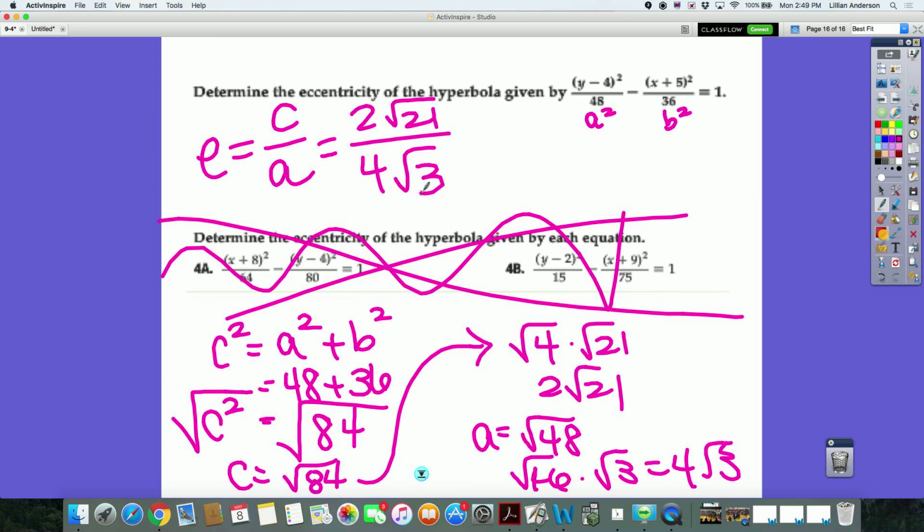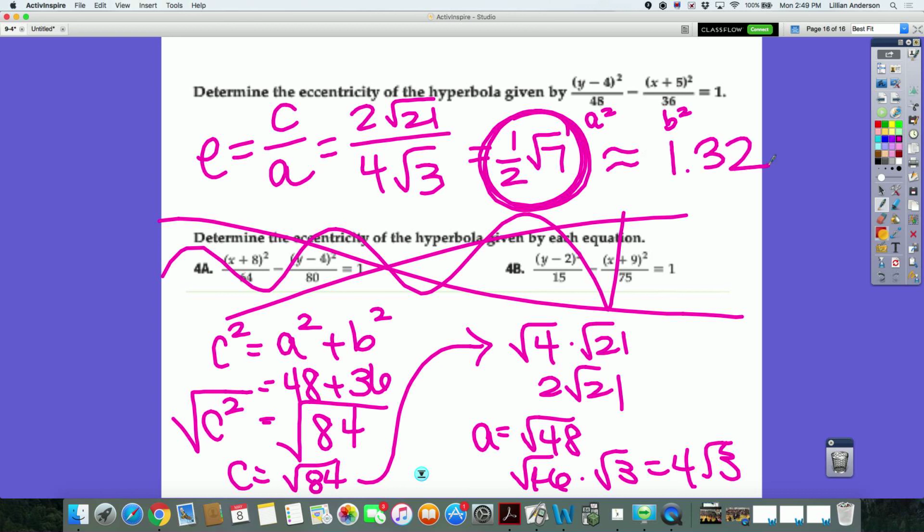Now when we reduce this, of course, we can always type it into our calculator in the decimal. 2 goes into 2 and 4, so that reduces down to 1/2. And the square root of 21 divided by the square root of 3 is the square root of 7. This will be the non-calculator way. This will be the exact answer. But once we type that into our calculator, we'll get 1.32 for the eccentricity.